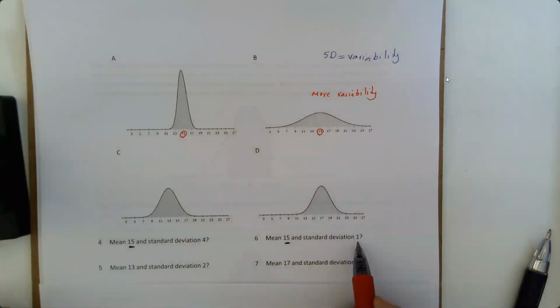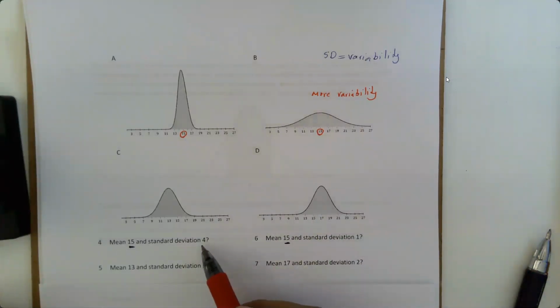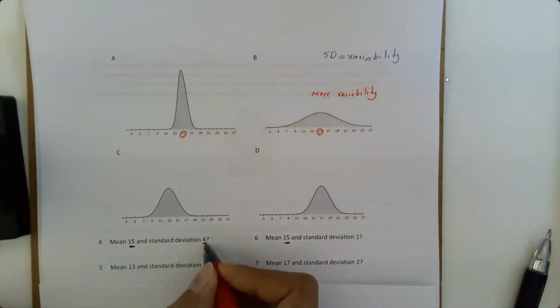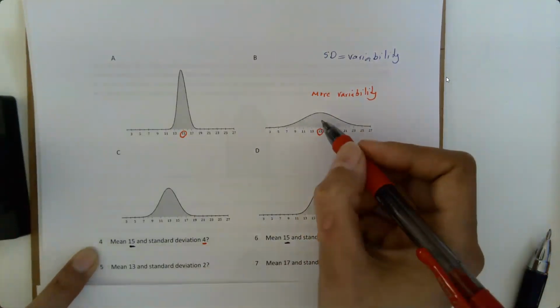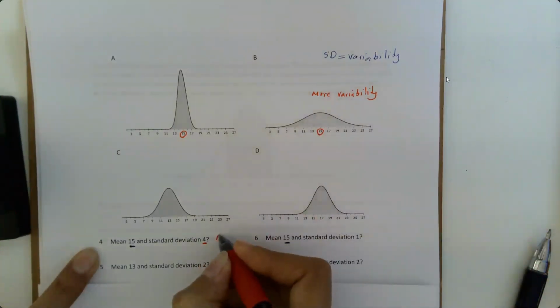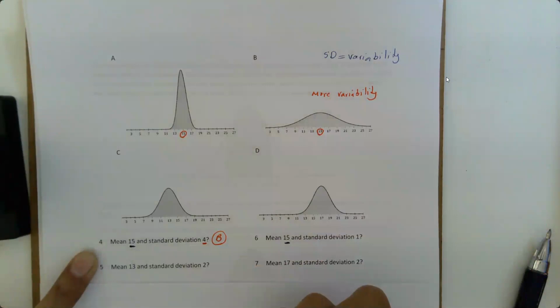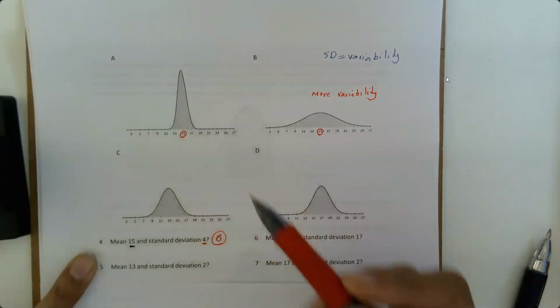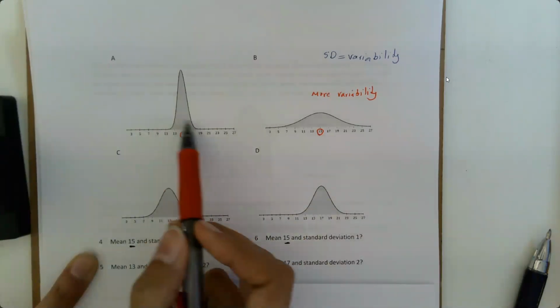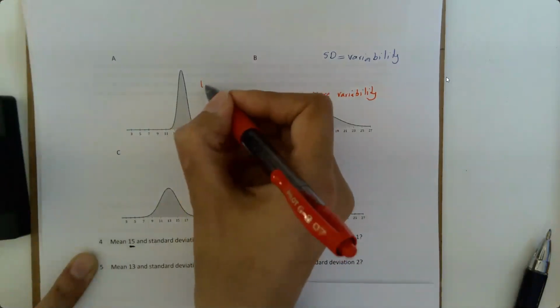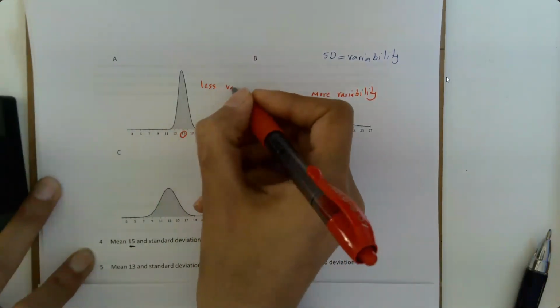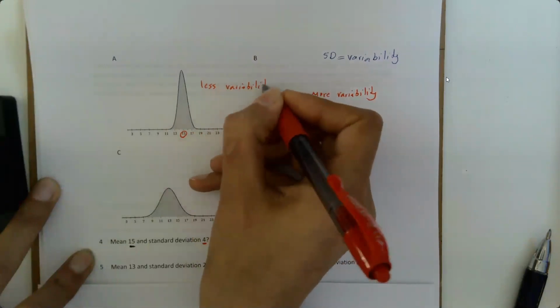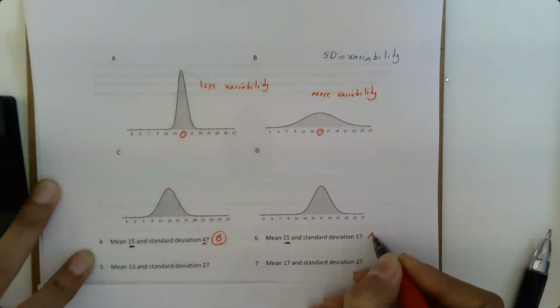So between 1 and 4, 4 shows that you have higher variability. So 4 matches to B. As you can see, for graph A, the mean is 15, and you don't see that much variability here. Less variability. A.